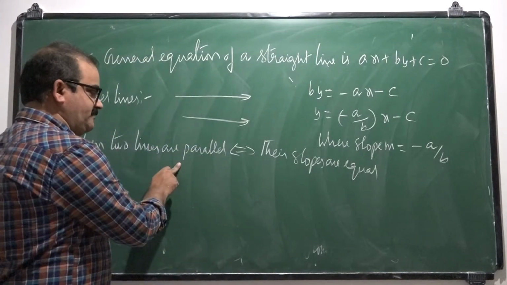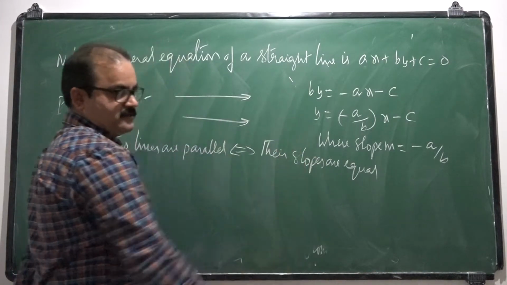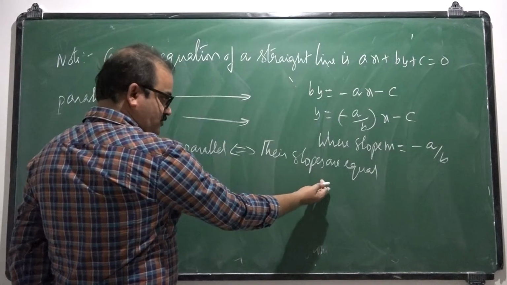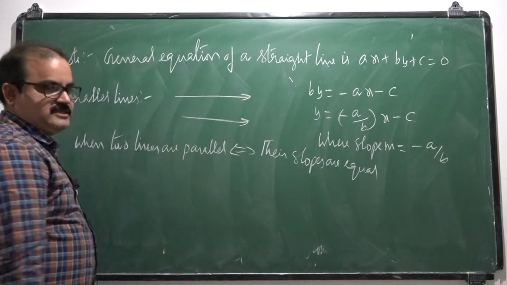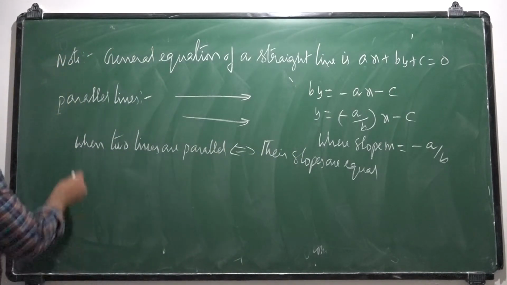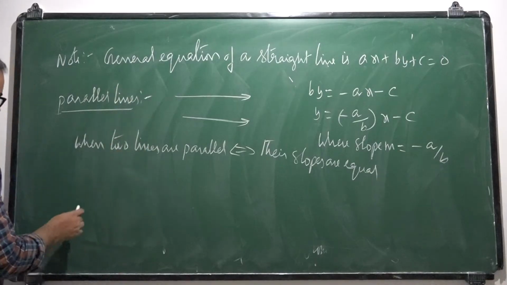If the lines are parallel, then the slopes are equal. If the slopes are equal, then the lines are said to be parallel. This is about parallel lines.